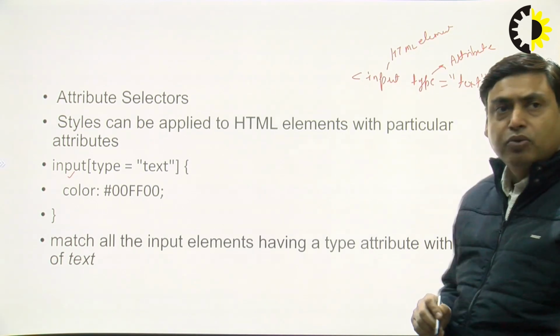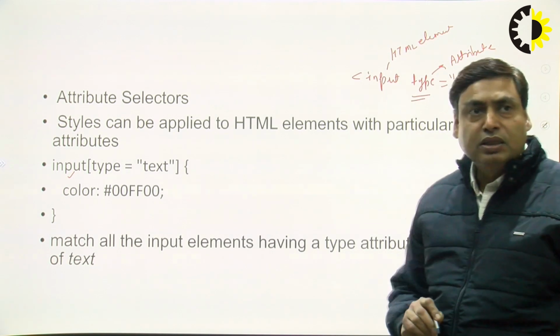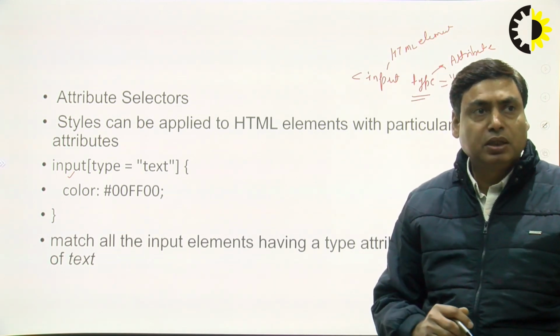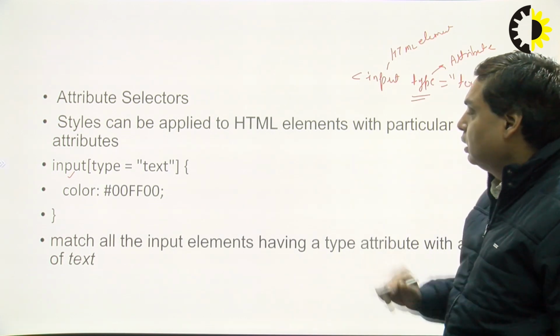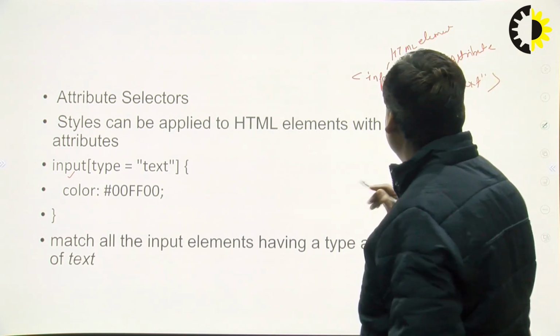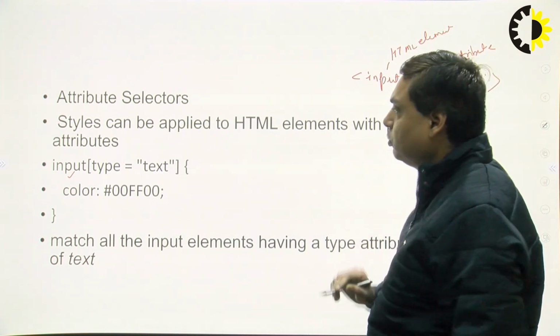This time we are going to apply the CSS with the help of the attributes. So we'll take the attributes of any HTML element into consideration for applying the CSS. Suppose I want to apply the CSS for the type attribute. The type attribute is part of the input tag.